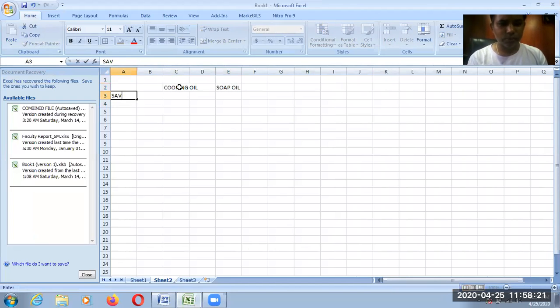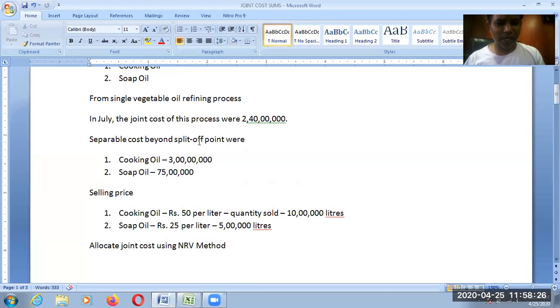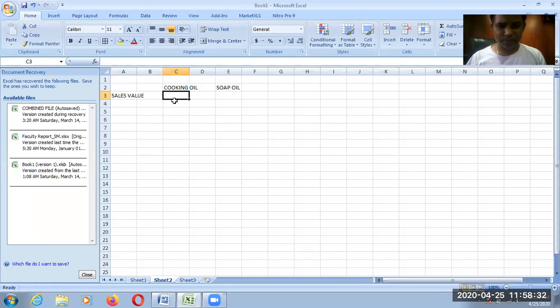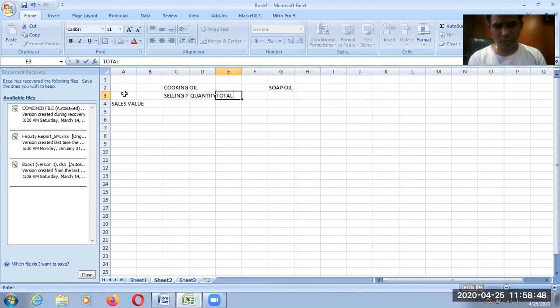Sales value. If you see this, you will be able to find the sales value: rupees 50 per liter, and these are the units, 10 lakh units. Selling price is 50, and this is the quantity.